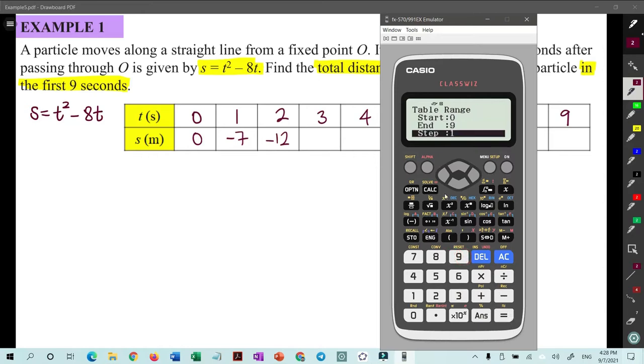And step. The time increased by 1 second, so the step is 1. When you press the equals sign, we already get a nice table in our calculator. So what we need to do is just copy down these values. With the help of this calculator, our work is going to be very easy. Let me copy down the values from the calculator.